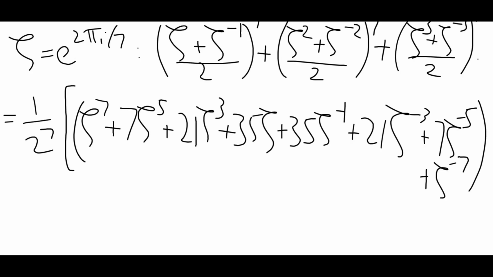Now this looks really gross, and well, it is, but zeta to the 7 and zeta to the minus 7 are each 1, so that's not too bad.